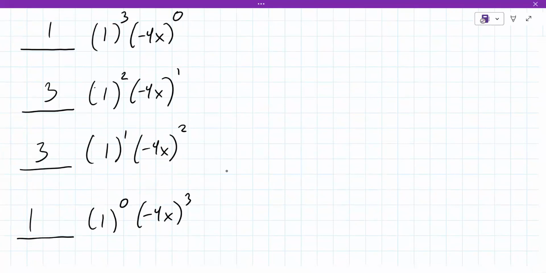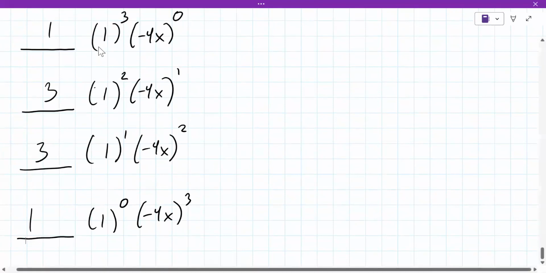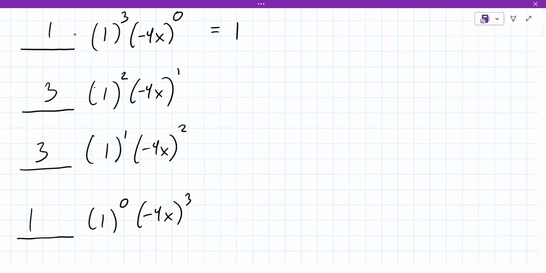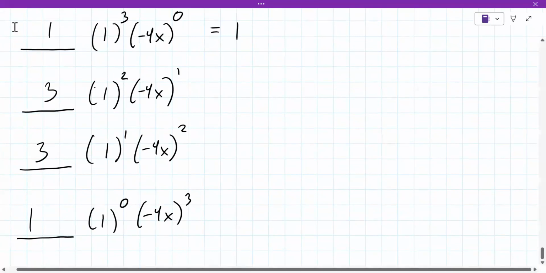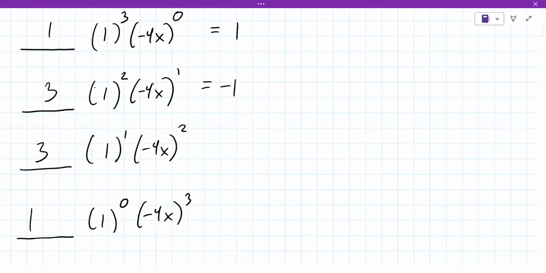Like this. But you're not done. You actually have to do the operations here, like 1 to the power of 3 minus 4x to the power of 0. So 1 to the power of 3 is 1, minus 4x to the power of 0 is 1. 1 times 1 is 1 times 1 is 1. For the second one, 1 squared is 1 times minus 4x becomes minus 12x when you multiply by 3.